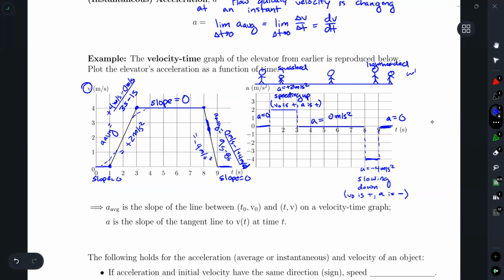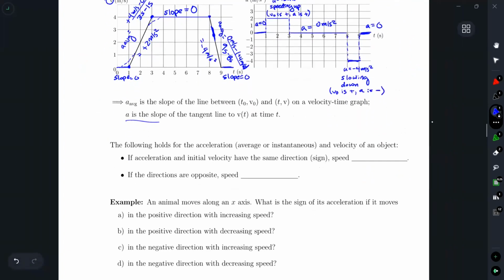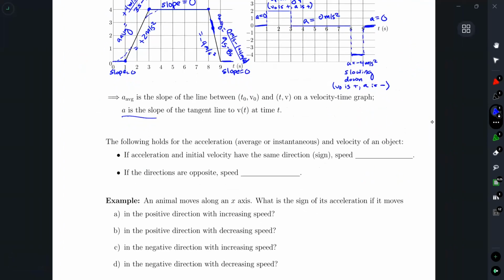So acceleration is going to be a very important quantity as far as not only how we move, but what we feel about motion. Yeah, this is just really quickly summarizing at the bottom the stuff we've already said for velocity. Okay, so what have we learned about the relationship between acceleration and velocity?